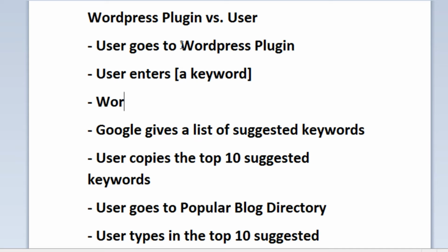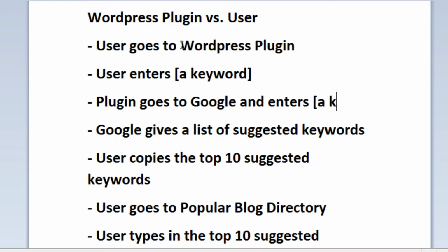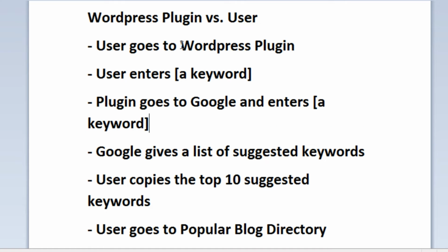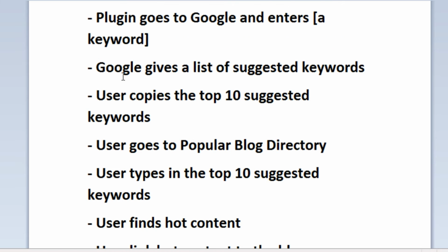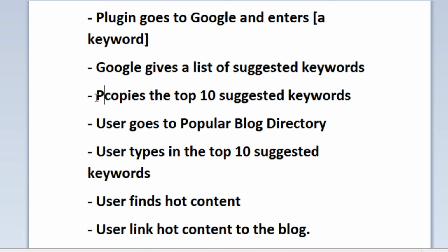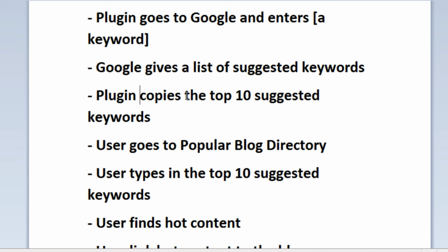So the WordPress plugin, we're just going to call it plugin. Plugin goes to Google and then enters that keyword that the user just typed in. Now, Google gives a list of those suggested keywords, and then the plugin copies those top 10 suggested keywords.